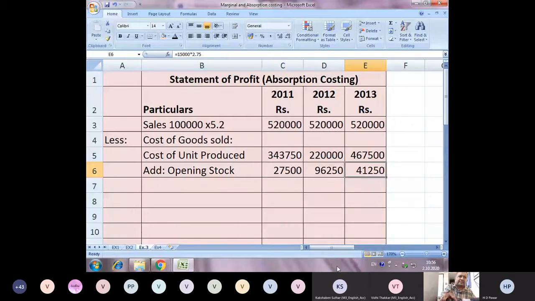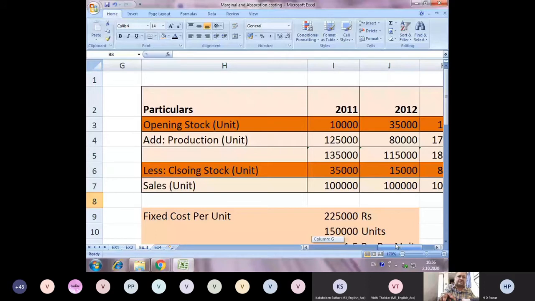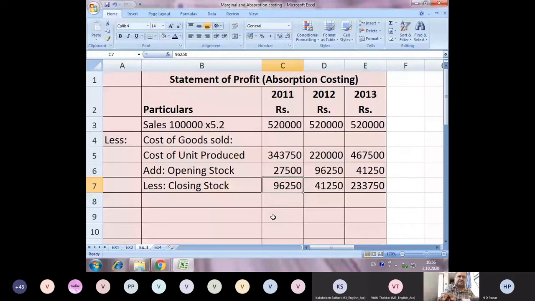In the same way, let's go for the closing stock. In the first year, closing stock is 35,000, so 35,000 into 2.75. Then next is 15,000, so 15,000 into 2.75.